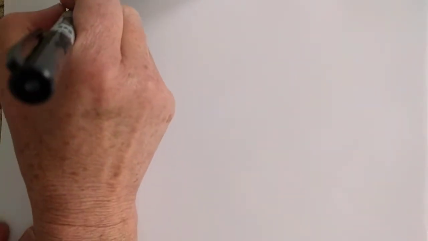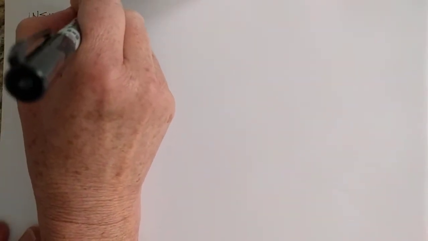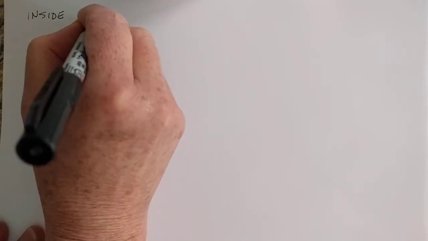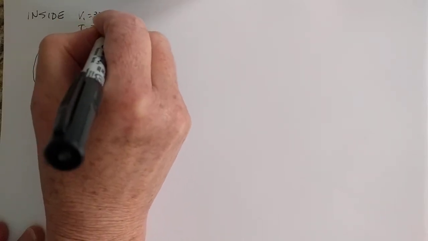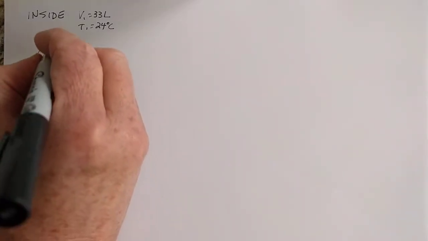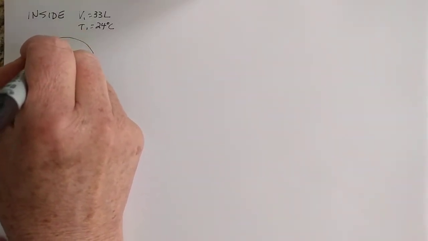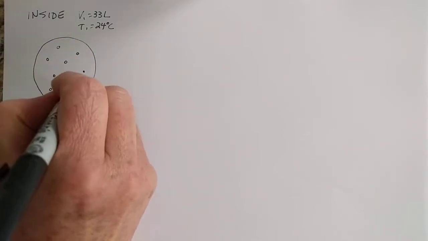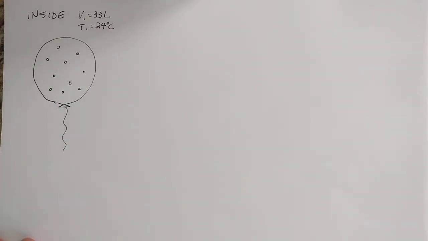The volume of our balloon, V1, is 33 liters, and the temperature is close to room temperature, so we'll say it's 24 degrees C. That's a normal room temperature. We'll put 10 particles in the balloon so we can keep the number of moles constant. 1, 2, 3, 4, 5, 6, 7, 8, 9, 10.